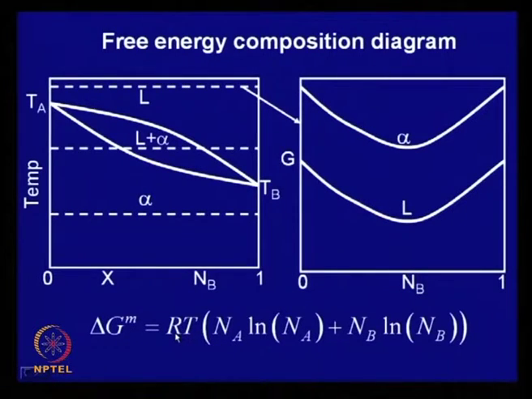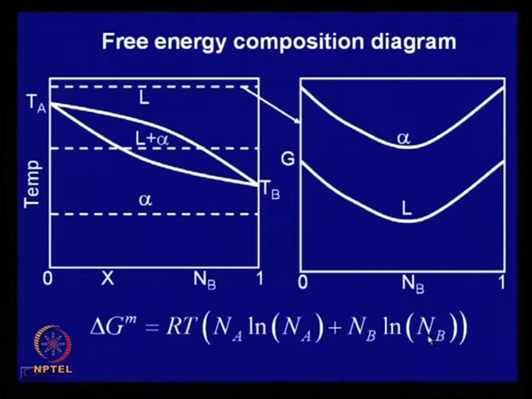R is the universal gas constant, T is the temperature, Na is the atom fraction of A, and ln is the natural log: Na ln Na plus Nb ln Nb.